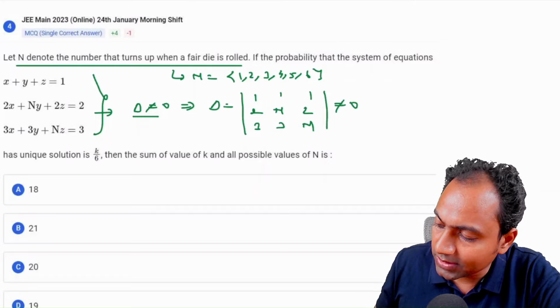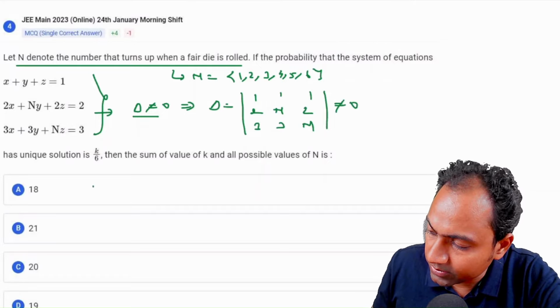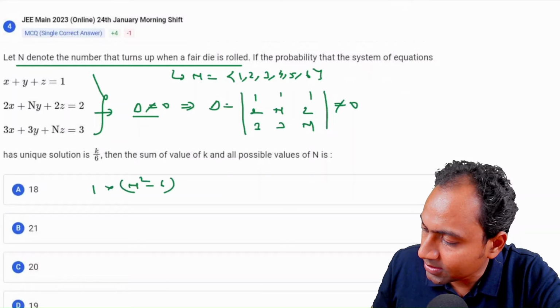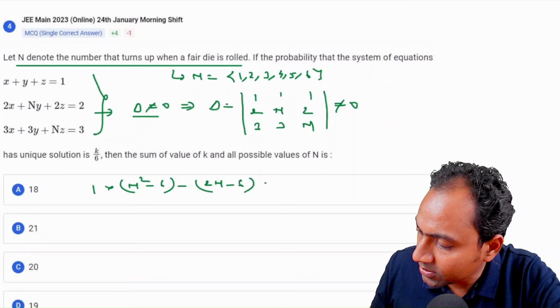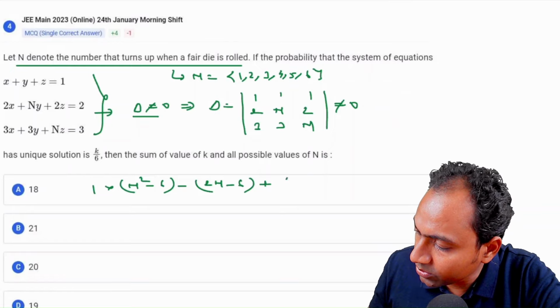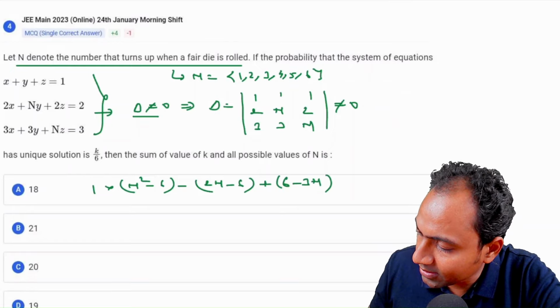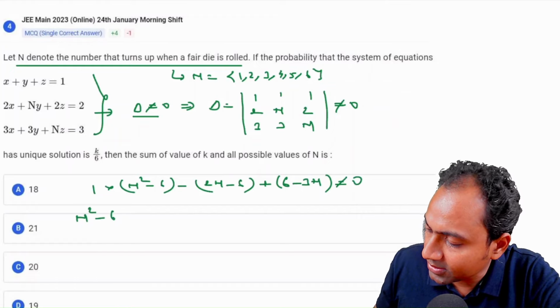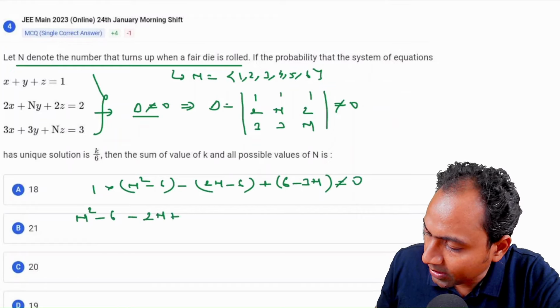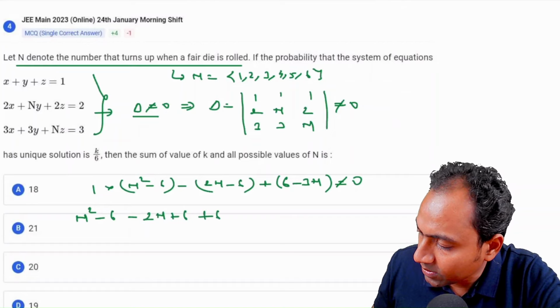So if I solve this by opening it along the first row, it comes out to be 1 into n square minus 6. The second becomes 2n minus 6. And the third becomes 1 into 6 minus 3n. And this should not be equal to 0. So this becomes n square minus 6 minus 2n plus 6 plus 6 minus 3n is not equal to 0.